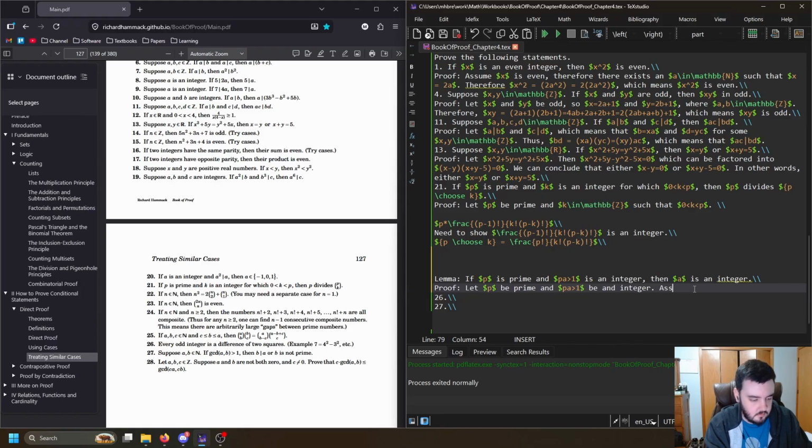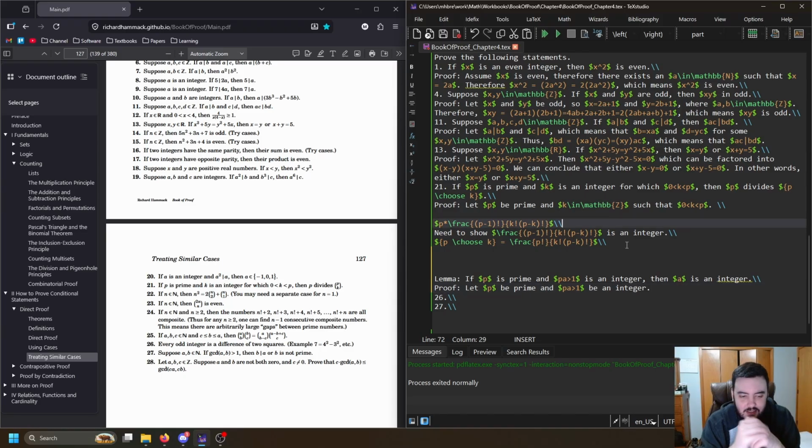I don't even know if that's gonna be possible. Wait. I thought this was gonna be easier than this. P is prime, and P times A is an integer, and I want to prove that A must be an integer.